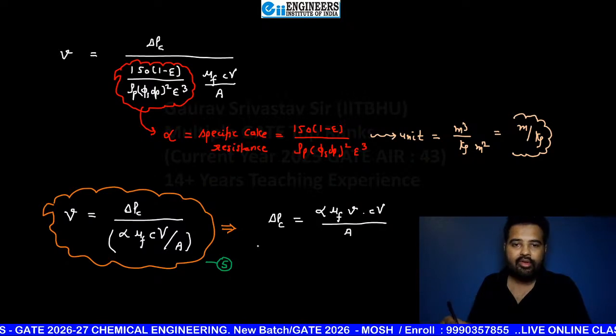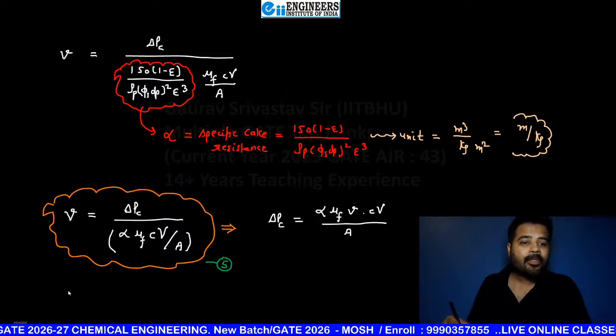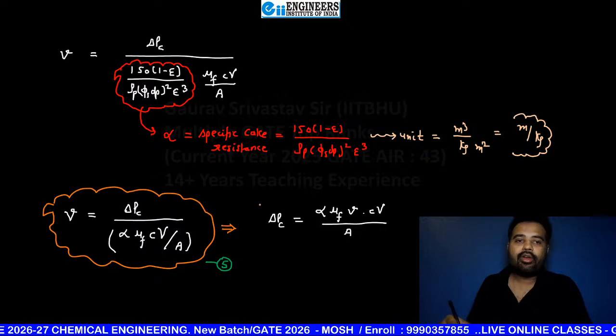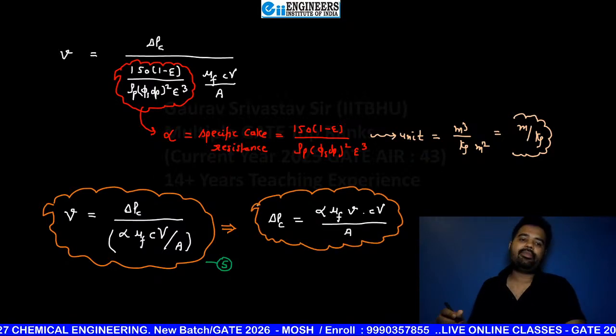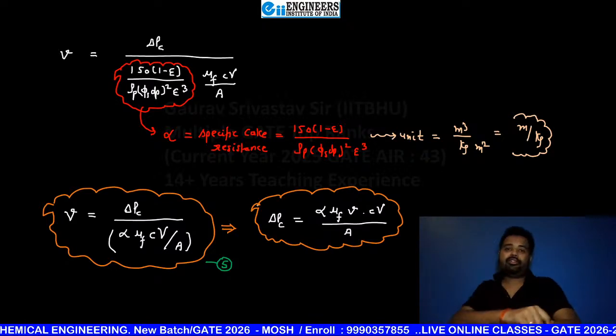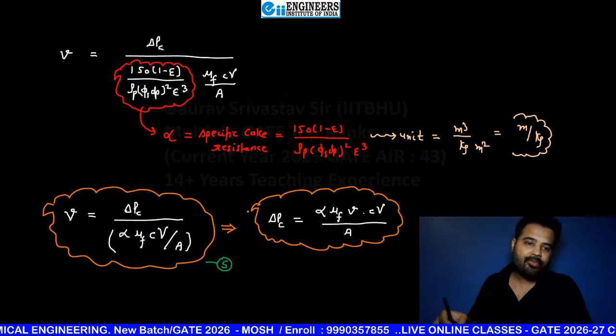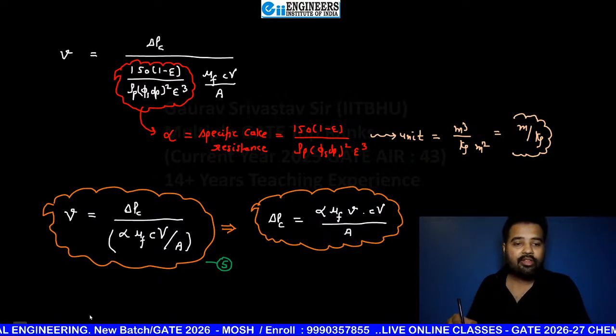Yeah, A is also there. See, one more equation here. So derivation is important because maybe they can give you any intermediate step there, and you need to solve that equation in your examination. So this one is one more beautiful expression.